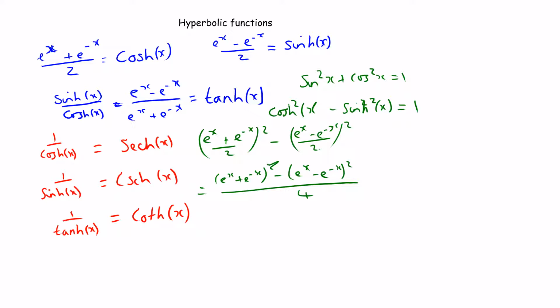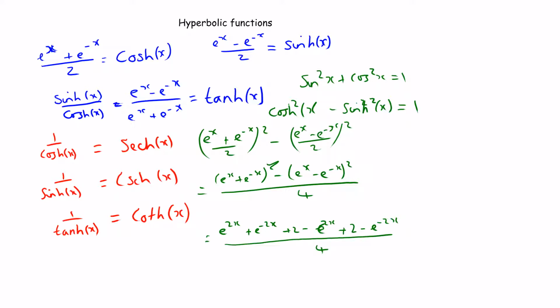Expanding these brackets out gives us e to the 2x plus e to the negative 2x plus 2, minus e to the 2x plus 2 minus e to the negative 2x, all over 4.